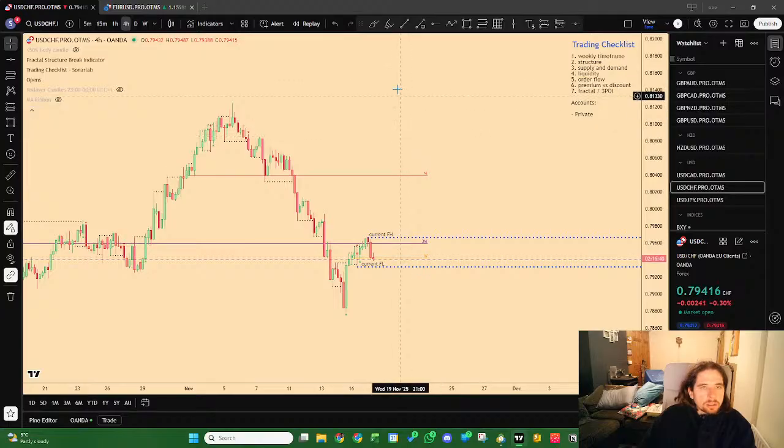Especially because we had a V-shaped reversal. So structure, break the structure, liquidity there.